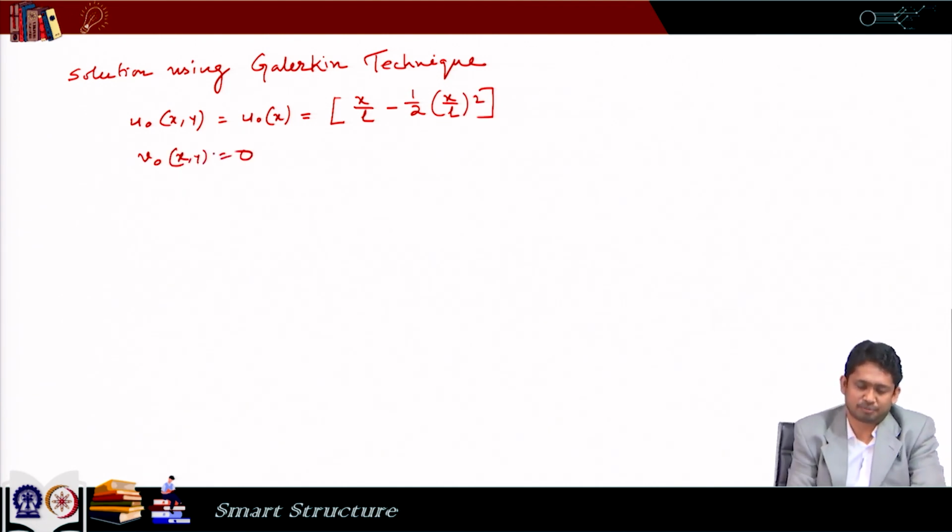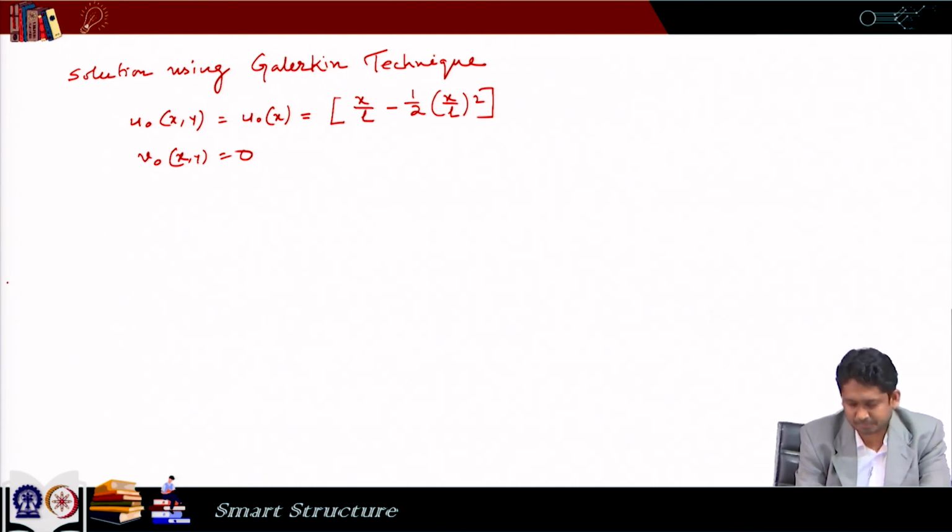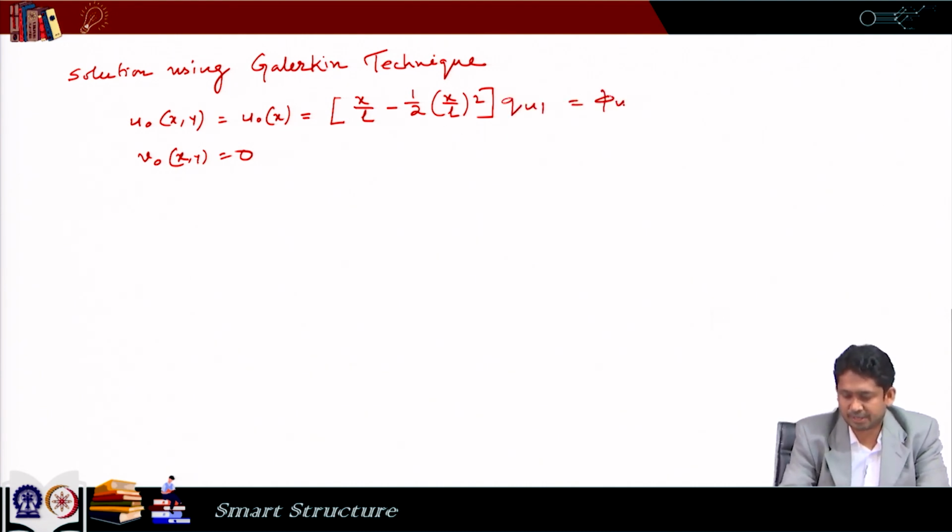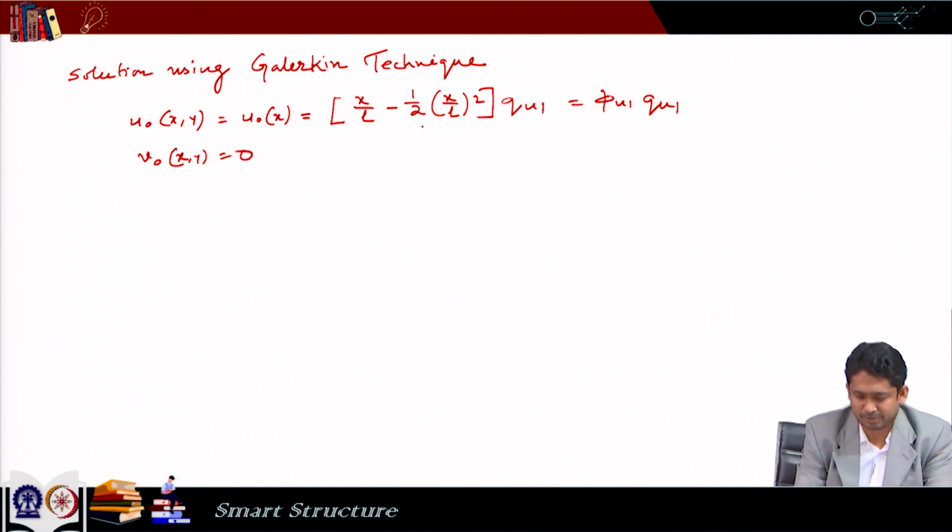So, there is no v 0, that is a much simplified approximation. Now, the phi is this, which has to be multiplied with q u1, and we call it phi u1 multiplied by q u1. This phi u1 is going to be differentiated twice. That is why we had to use different approximation functions, and it satisfies both the geometric and force boundary conditions.